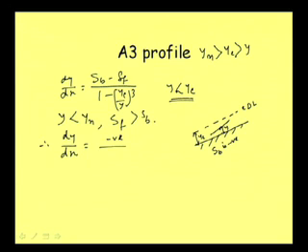So that indicates that this ratio is greater than or equal to 1, and that's why 1 minus something greater than or equal to 1 becomes negative again. So ultimately dy/dx becomes positive, and this indicates this is a rising profile.